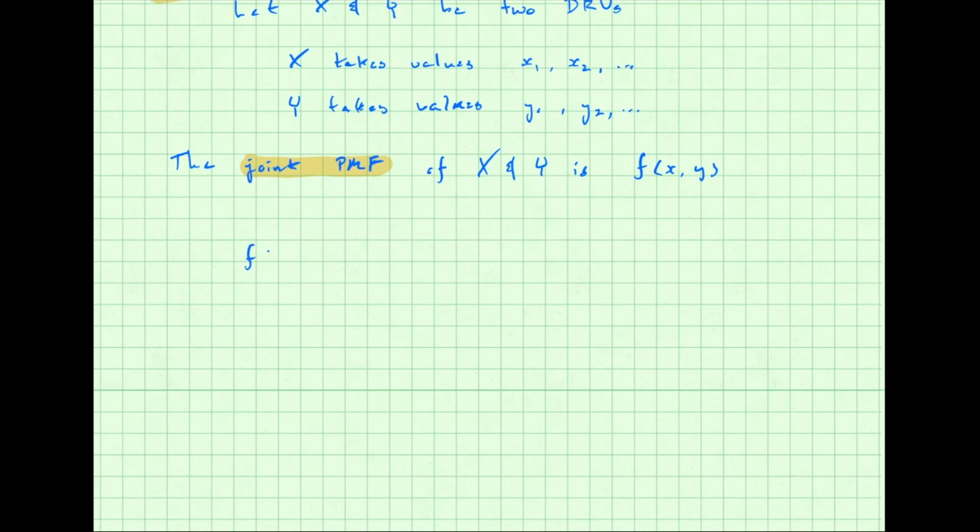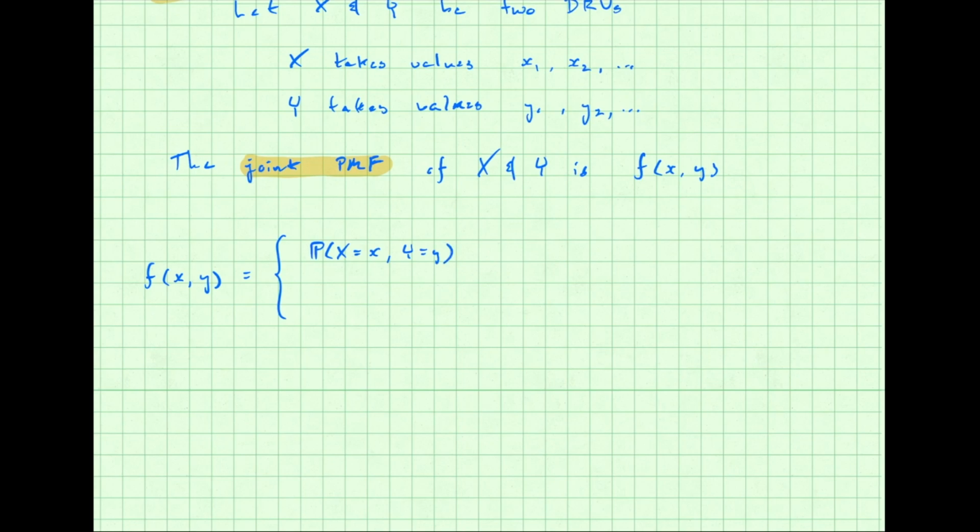So f of x comma y is equal to one of two different things. If little x and little y take on one of the values that big X or big Y can take on, then it's the probability that big X is equal to little x, and that Y is equal to little y.